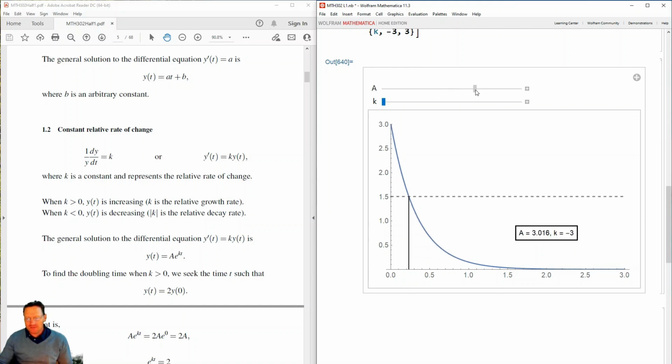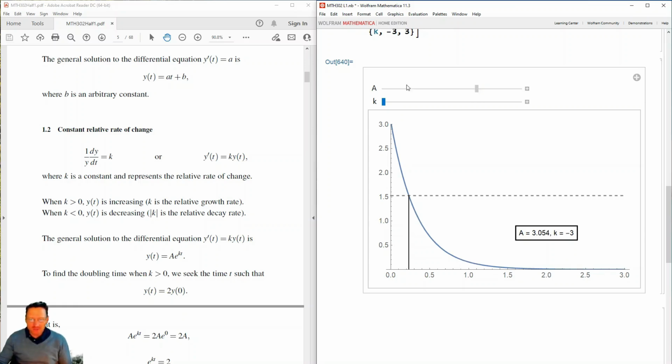I'm increasing the value of a up to 3, and I'll leave it there. The initial value is higher with a higher a value, but the long-term behavior is that the y value approaches 0 as time goes on.